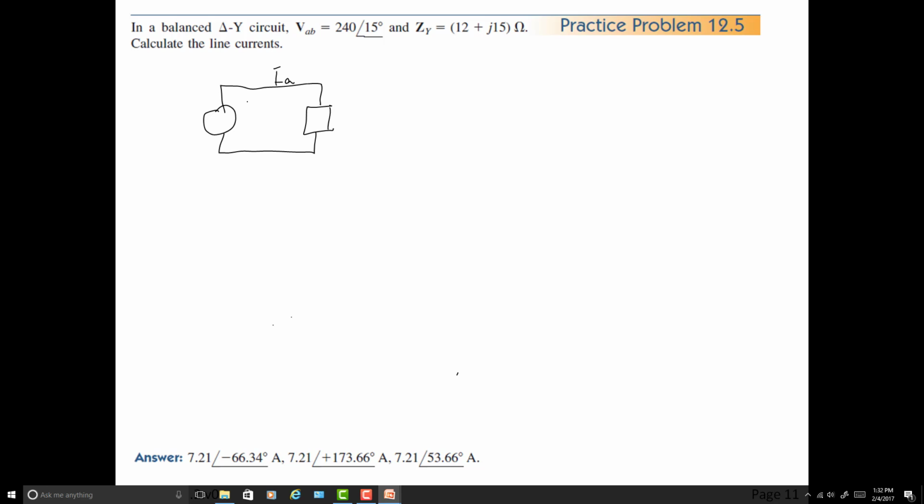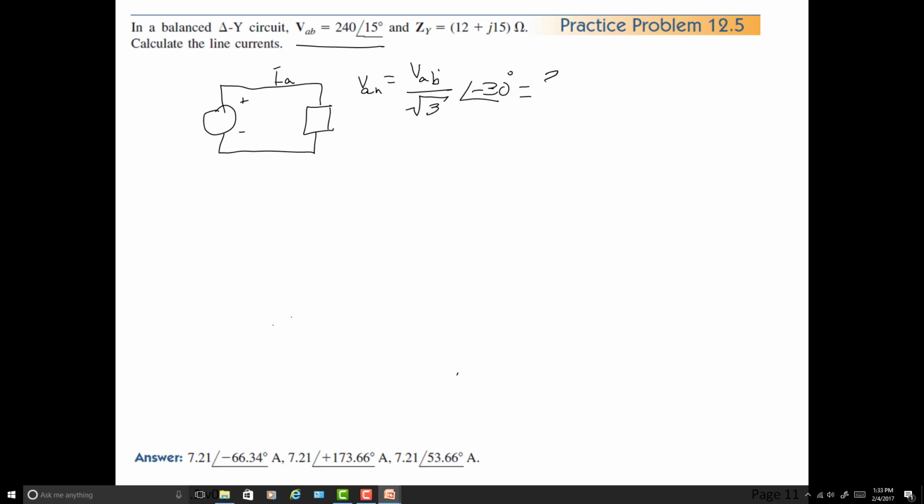We are given a line voltage in a delta configuration. But in a Y configuration, this voltage, VAN, would be VAB over the square root of 3 at an angle of minus 30. We did all those derivations. But remember now, this is actually a phase shift because it was calculated assuming a 0 degree up here.